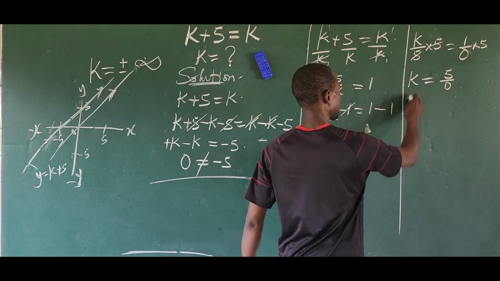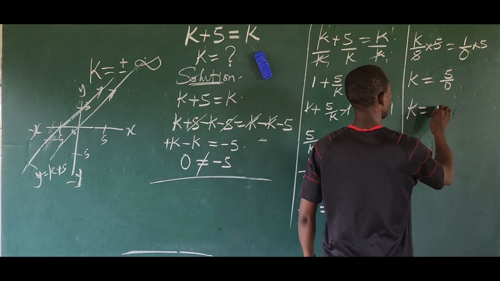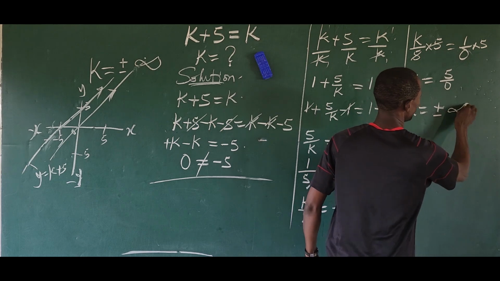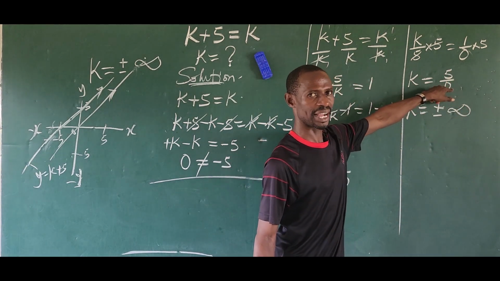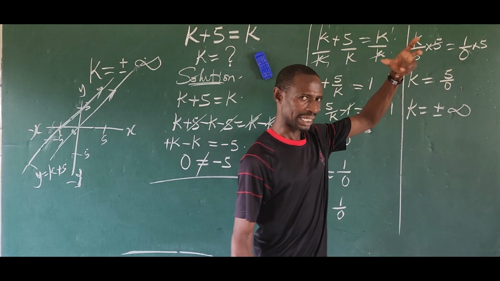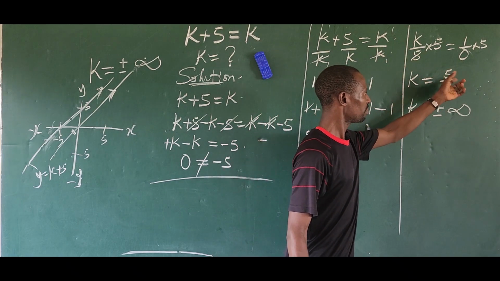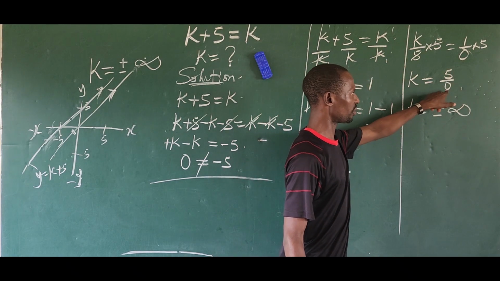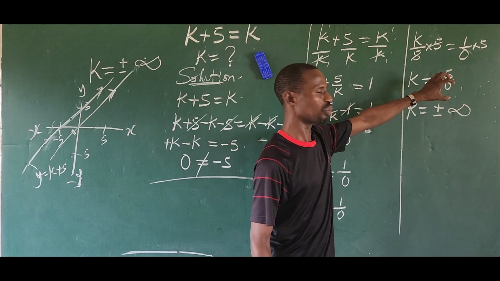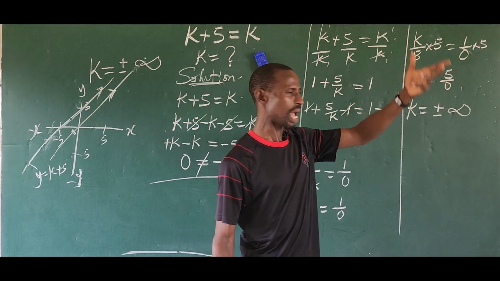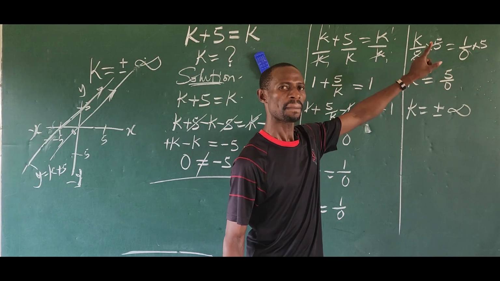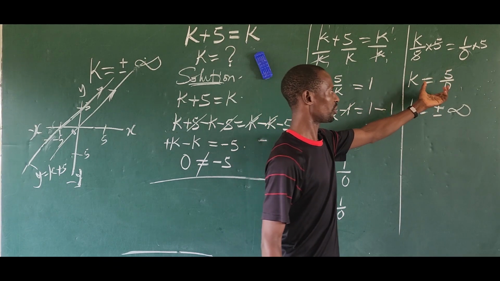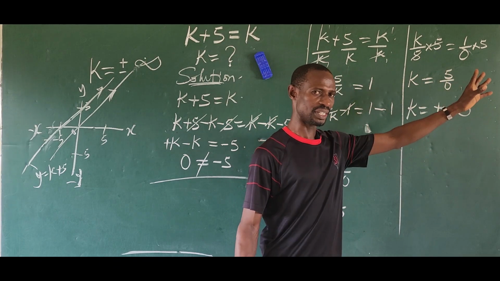Okay, so our k therefore is going to give us plus minus infinity, because we said this is undefined. But I analyzed this very particular point we have here, 5 all over 0. I was able to explain why this expression is termed undefined, and when I did that, it tends to infinity.